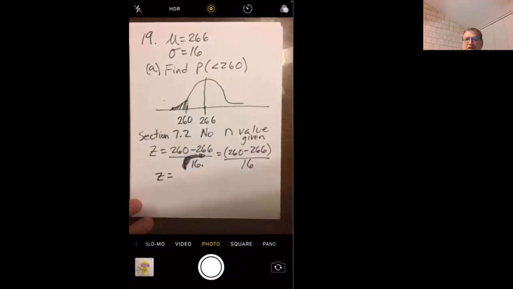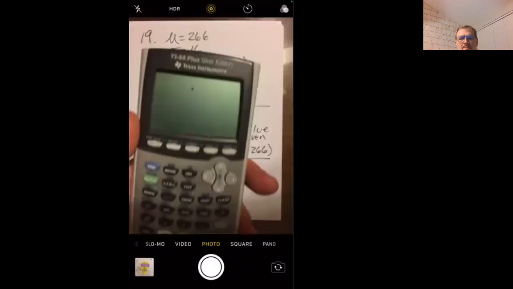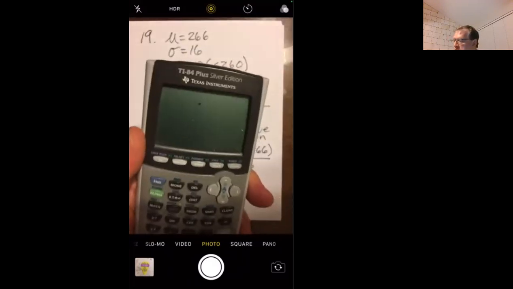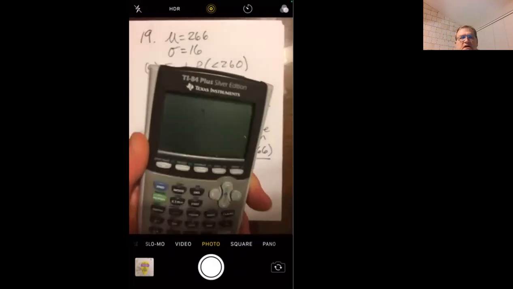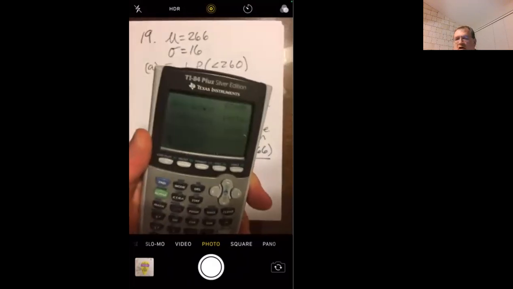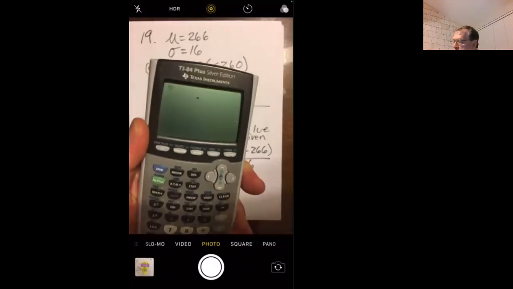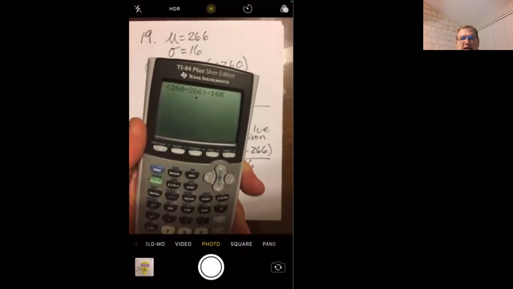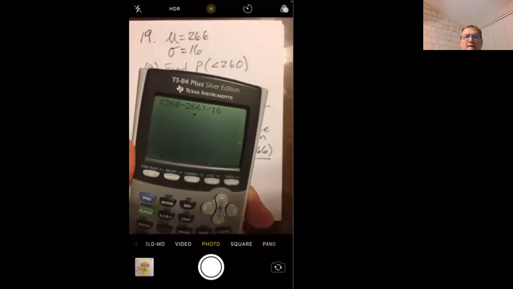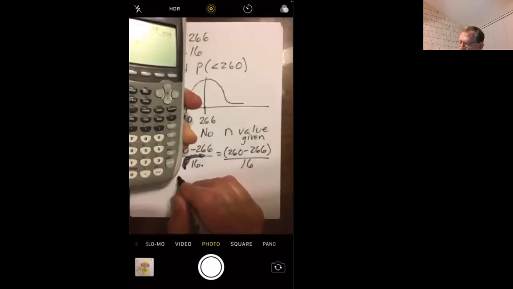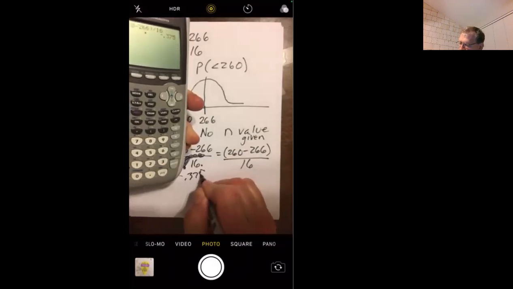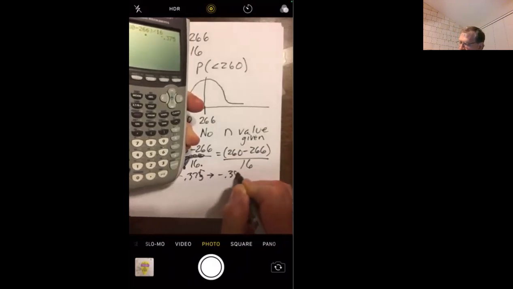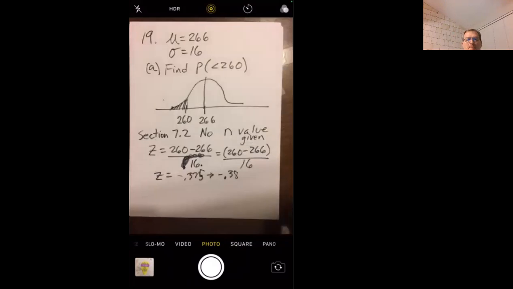So if I punch that in, 260 minus 266 divided by 16, there you are: negative 0.375. We'll probably just call it negative 0.38 because you can only use 2 places on the table. But use 0.375, that's perfectly fine.